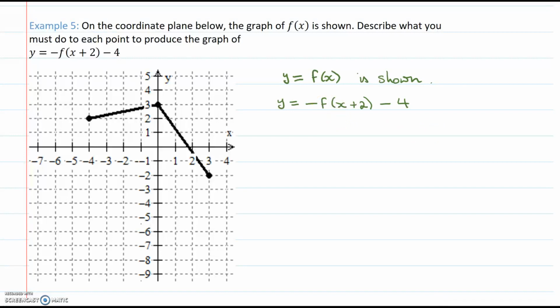Now, the minus in front of everything is a reflection in the x-axis.